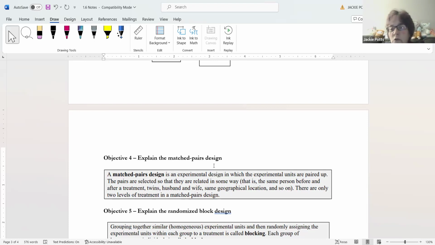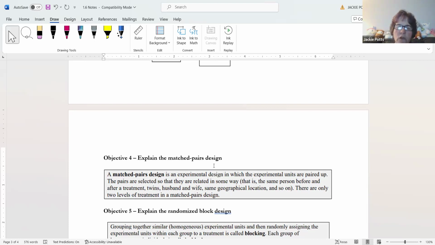Maybe it could be about the location they live. We're comparing 2 people that live in the same apartment building. Things like that.